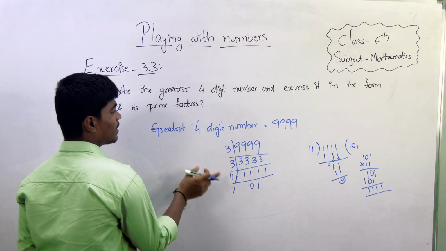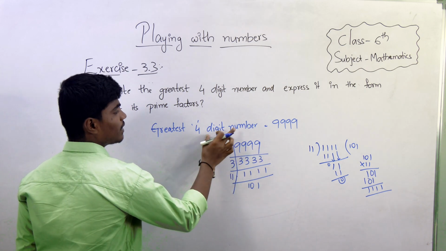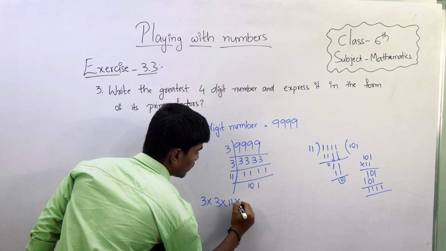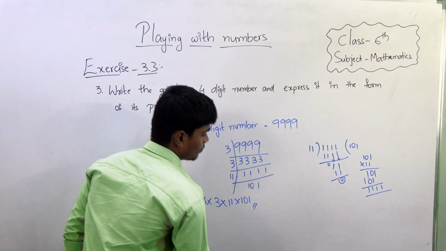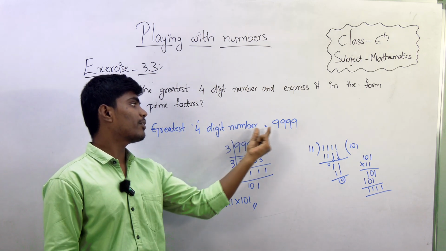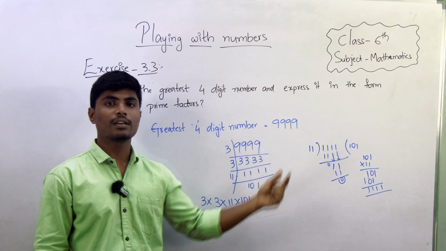So the prime factorization of the greatest 4-digit number is 3 into 3 into 11 into 101. This is the prime factorization of 9999.